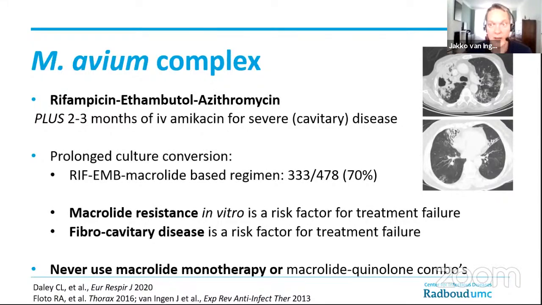Macrolide resistance, again, a reason why macrolide susceptibility testing is important, is a key risk factor for treatment failure. And so is fibro-cavitary disease. And we think that is also because of the very high bacterial load, because in patients with fibro-cavitary disease, the outcome is poor, but in patients with the nodular bronchiectatic disease, outcome is poorer if the bacterial load at the start of treatment is very, very high, so if they are smear positive.